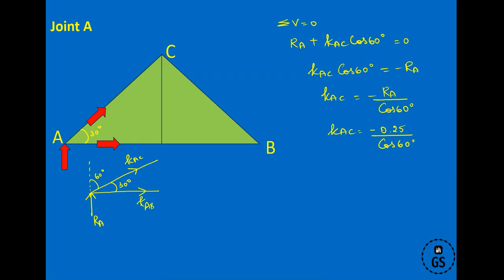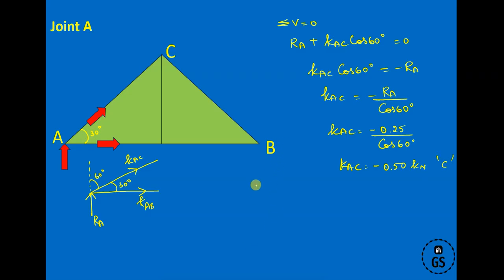So we come to know that the KAC value will be near about minus 0.50 kilonewton. This is negative, so the negative symbol represents compression.